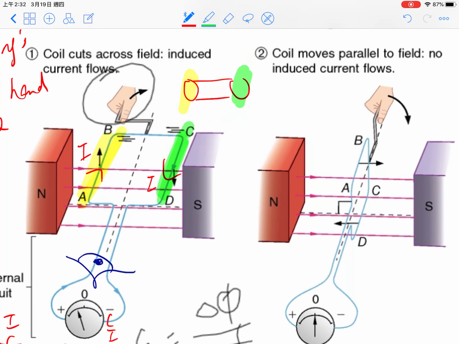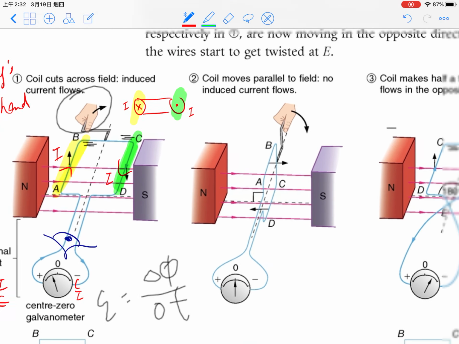So here we find that the current for the wire AB will be into the paper, and out of the paper for CD. So this is the first step to make a generator. Now we have induced current.